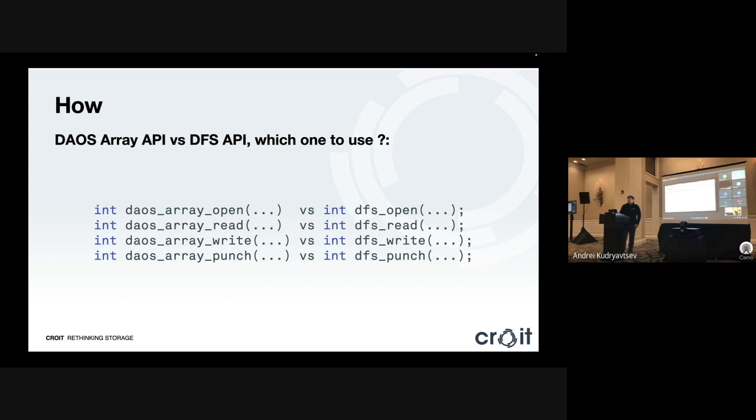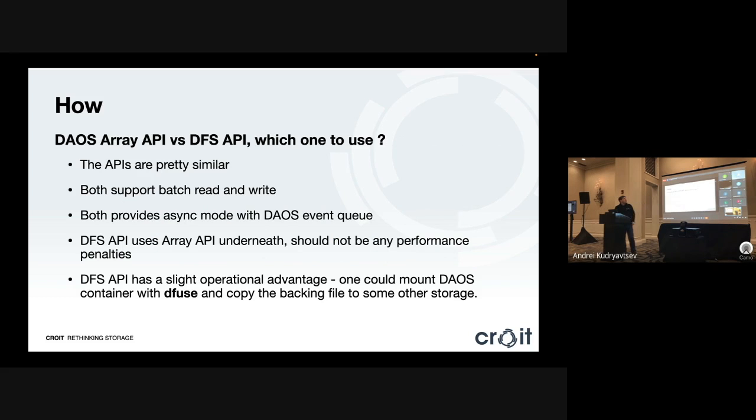Then the decision was what kind of DAOS API to actually use. Array versus DFS: what we found is that they're pretty similar, actually very much the same. But the DFS one proved to be a better choice because it allows us also to do some additional management and access externally.